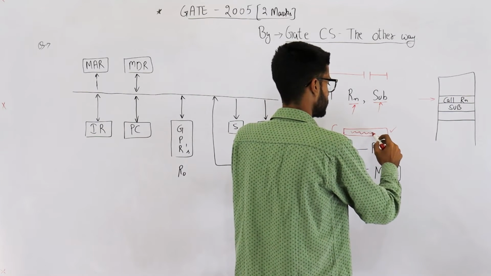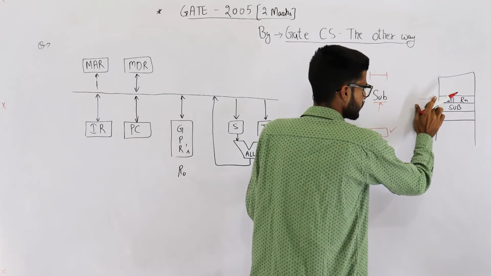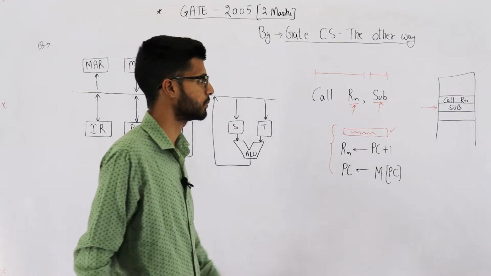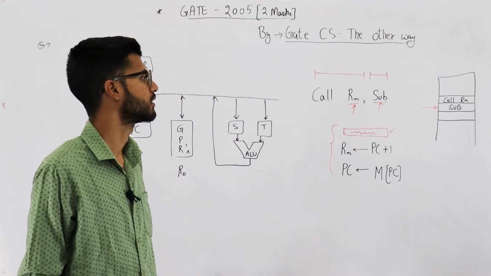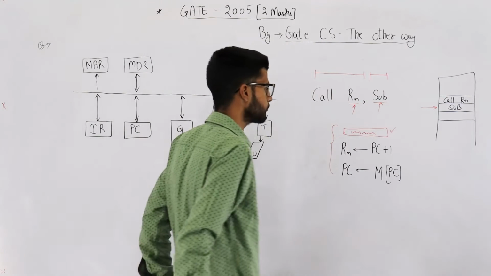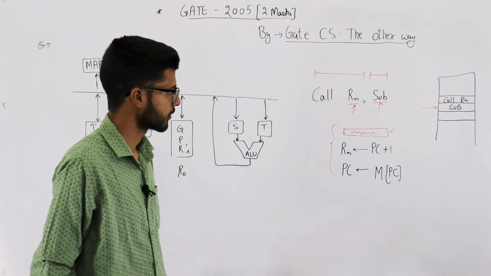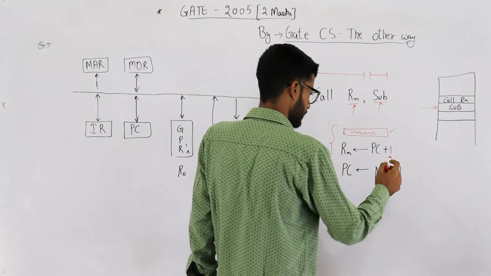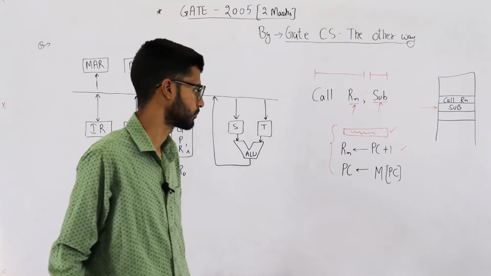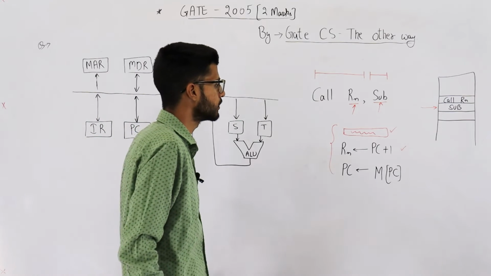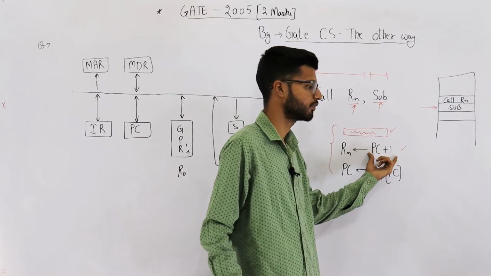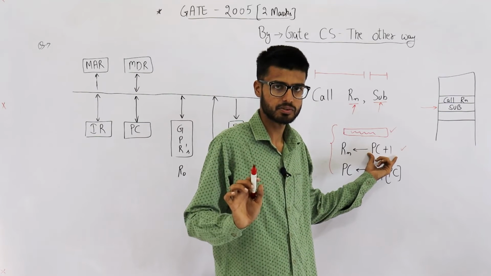Now call Rn is fetched and PC was automatically incremented. That means PC now points to the second word of this instruction, which is this part. Okay. Now what we are doing is we are incrementing PC again and saving its value into some register. Actually, we are not incrementing PC, we are only saving the value PC plus 1.